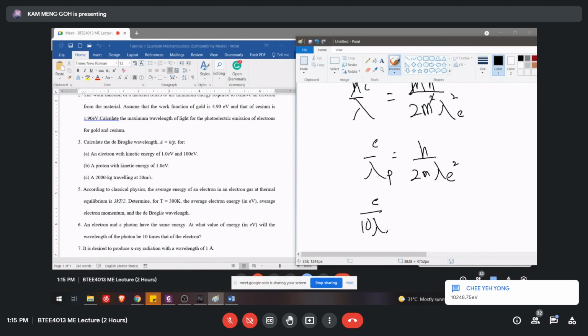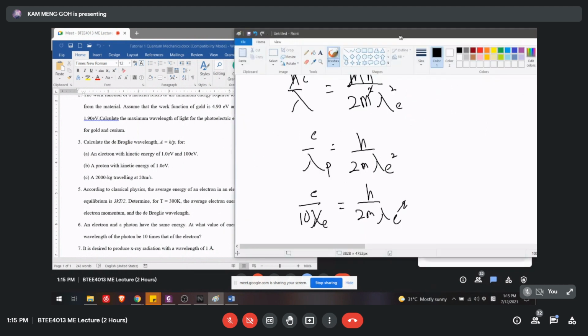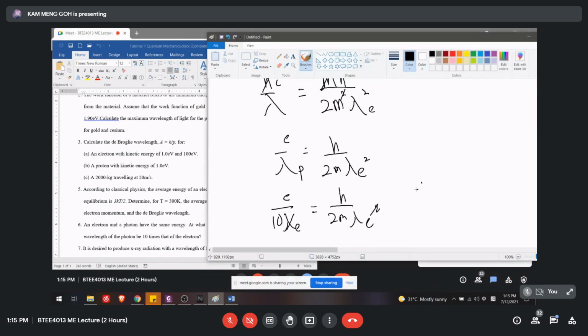So 10 lambda_E equals lambda_P, and we make it simple by removing one term. In short, your lambda_E will be h over 2m multiplied by 10 over c.